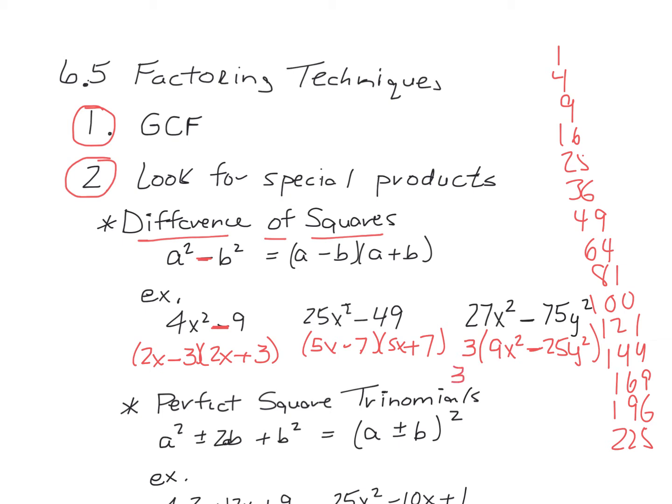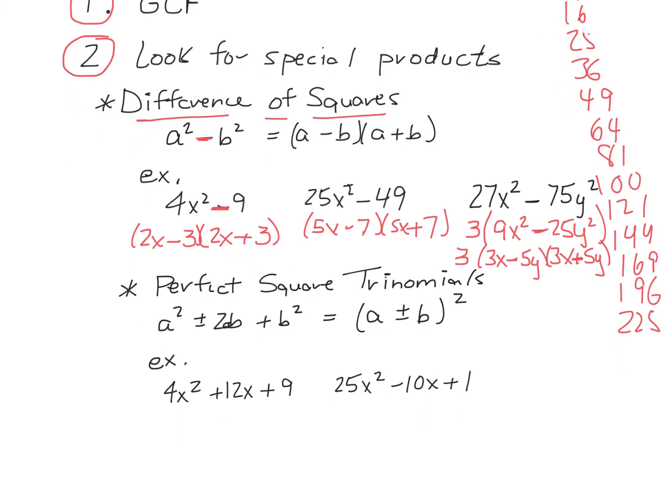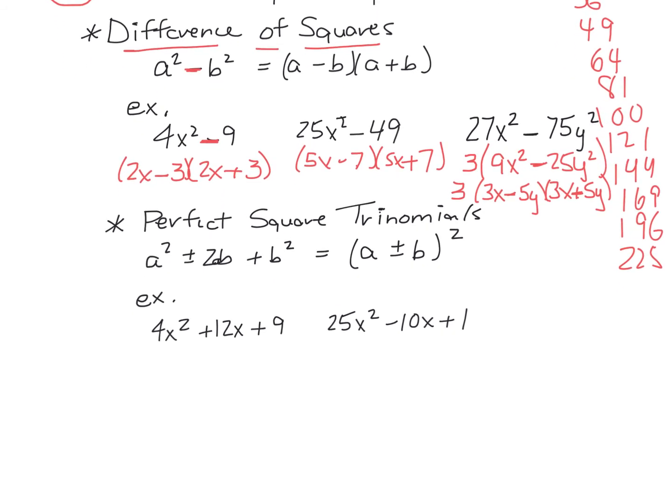I'm just going to bring the 3 down, and I'm going to factor what I have here by using this process. So 9x squared are going to be 3x and 3x. 25y squared would be 5y and 5y. Difference of squares, different signs. And that would be factored completely. So difference of squares, you have two terms separated by a subtraction sign, and they're both perfect squares.